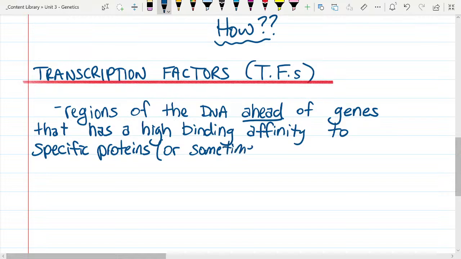Remember how we talked about how sometimes RNA can work as an enzyme? Sometimes transcription factors will bind to little segments of RNA. So we'll say to proteins or sometimes RNA factors.